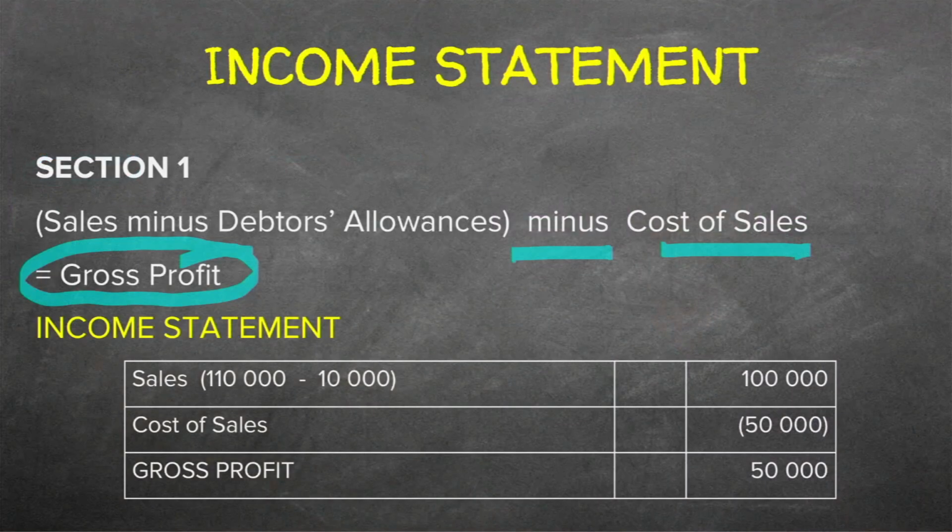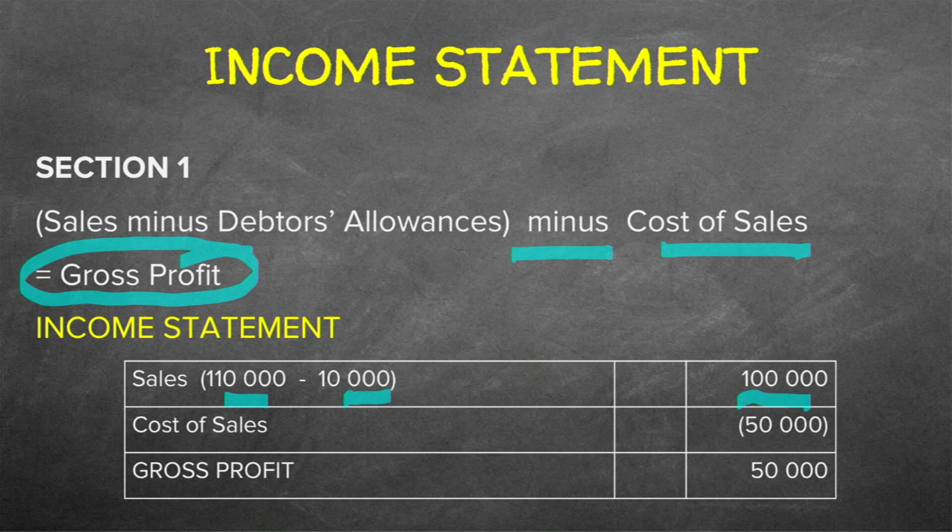And so remember, we have to do bracket work. And so I'm saying sales, 110,000 minus my debtors' allowances will give me my true sales, turnover, or net sales. Please become accustomed to the terminology, because in a test or an exam, we could give you any of that terminology and we'd expect you to know it.